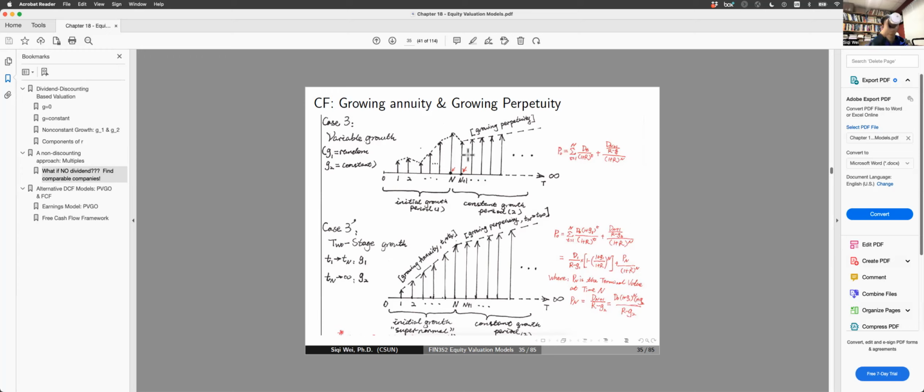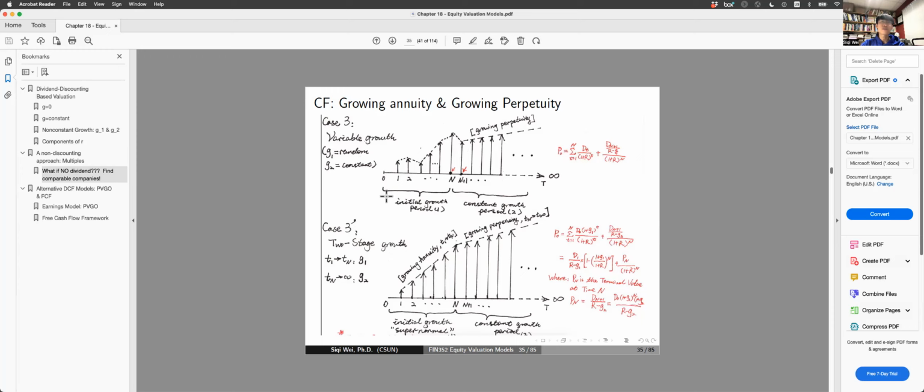And when it comes to the constant growth stage, or enters the second stage, it's growing constantly over time at a very stable growth rate, or what we call the sustainable growth rate.